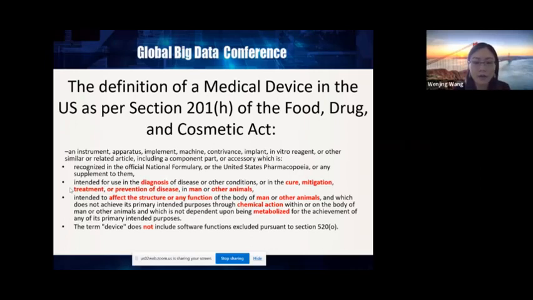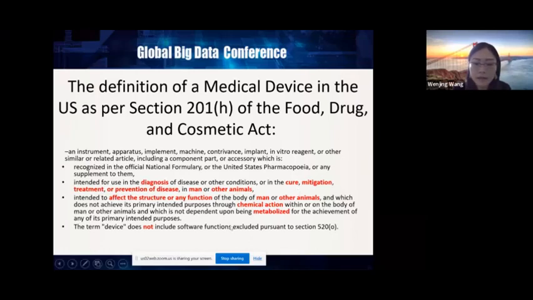But within the US, if it's for animal diagnosis, it still falls under the definition of a medical device, and FDA still regulates the same way as they regulate human use products. And also, if it affects the structure or any function of the body of man or other animals, then it would be regulated as a medical device.